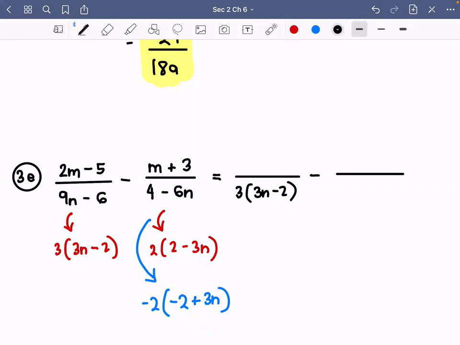By the way, this negative 2 will be multiplied to this minus sign, so instead of minus, it will now become plus, and then 2 times 3n minus 2. Or maybe, so it won't confuse you, negative 2 plus 3n. Basically, they're just the same. If you want to rearrange this, you can do that; it doesn't matter as long as you won't get confused.